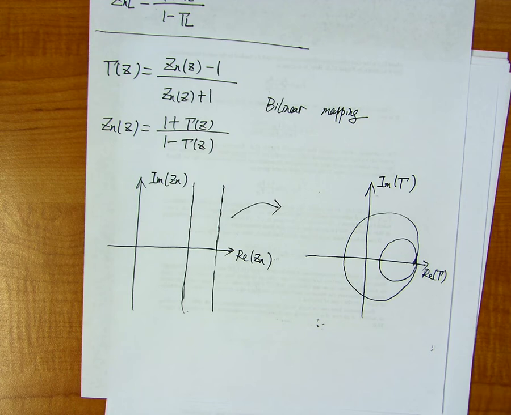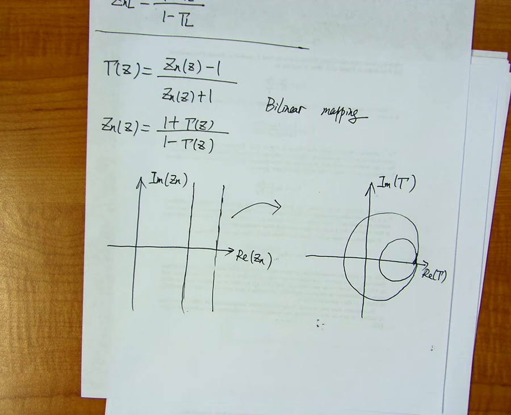For both groups of circles, you have a number associated with them. We'll call this the inner circle. For this inner circle, you have a number 3 associated with it. And for this outer circle, we also have a number 3, right?